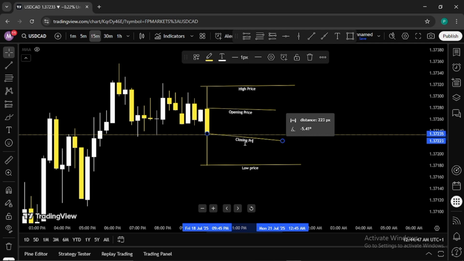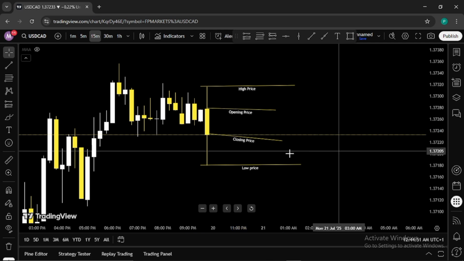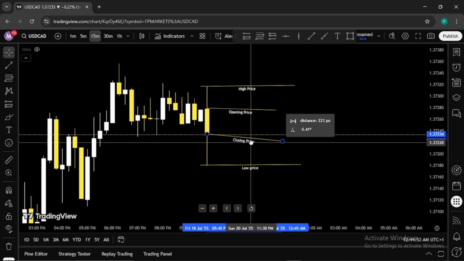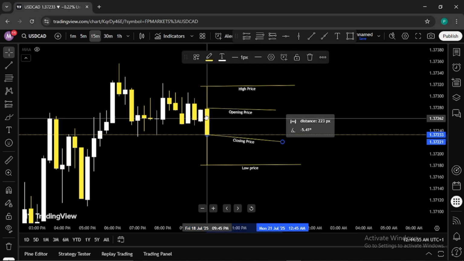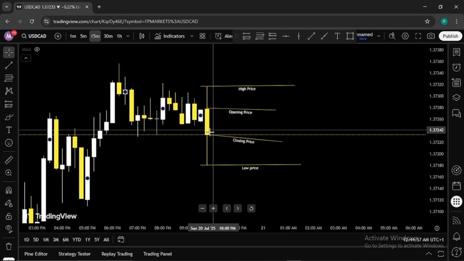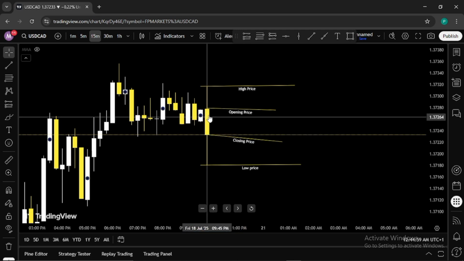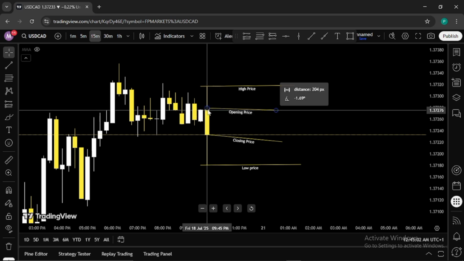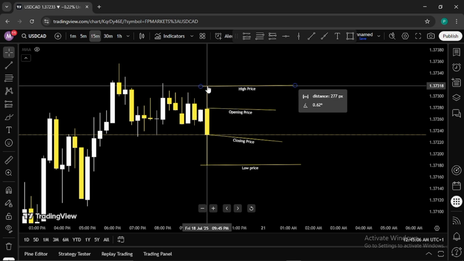The reason is because it's a bearish candle, obviously, because price traded lower during the period or the time frame of this particular candle. So price opened at this point, which is the opening price, traded high to this point, which is the highest price, and there's no way of knowing this until the candle closes, right?